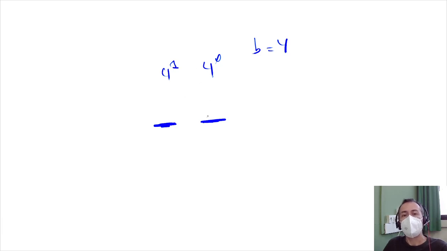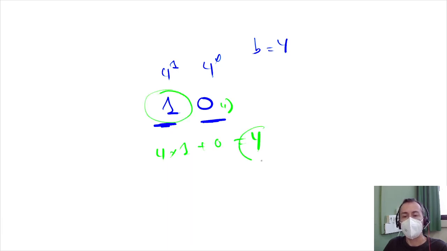So let's start writing a number. Let's imagine that we write a 10 here, a 10 in base 4. So this value will be 4 multiplied by 1 plus 0, which is 4. So the first number that we can represent using this position is a 4.